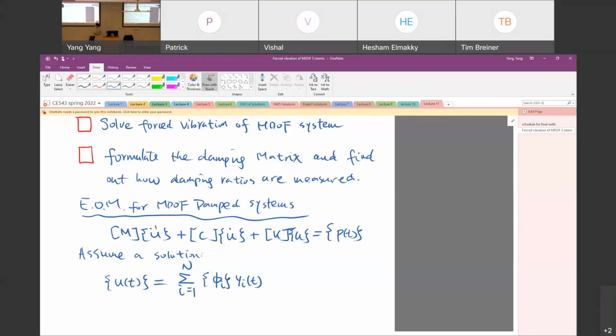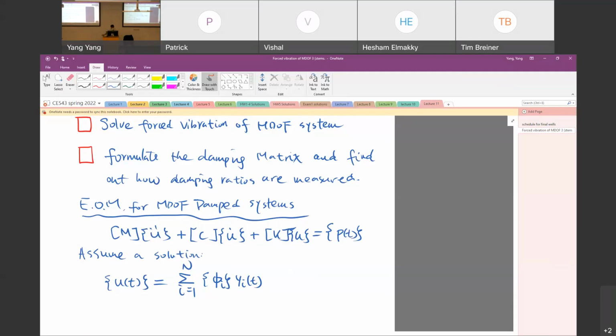So the total displacement of all the degrees of freedom can be expressed as the combination of n mode shapes times the displacement of one mode. That variable is y sub i of t.